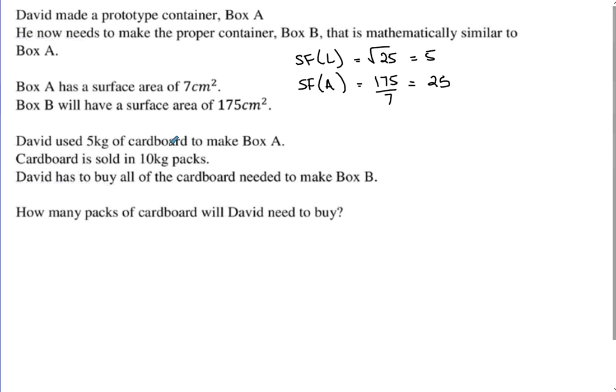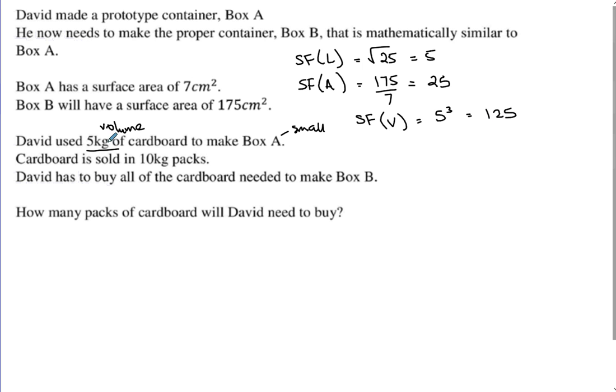Yeah, right. David used 5 kilograms of cardboard to make box A, which is the small one. Yeah, and again, if he's using 5 kilograms, then you know we're talking about volume. All right, so we have to find the scale factor of the volume, which would be 5 cubed, which would be 125.